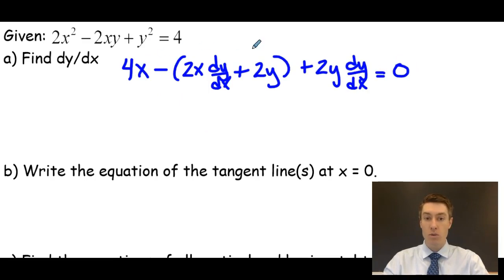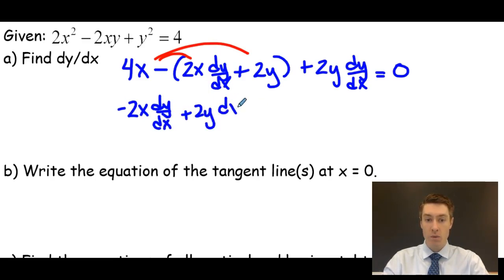So we can distribute the negative to both terms here and move all of the terms without dy/dx to the other side. So we have negative 2x dy/dx plus 2y dy/dx equals 2y minus 4x. Right, we have negative 2y, so that becomes positive. 4x becomes negative.